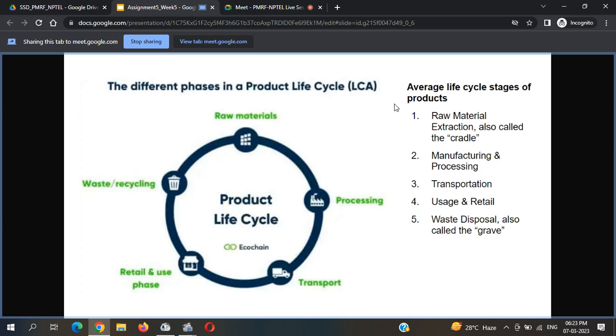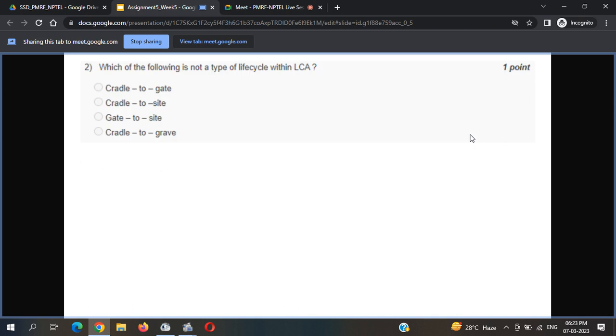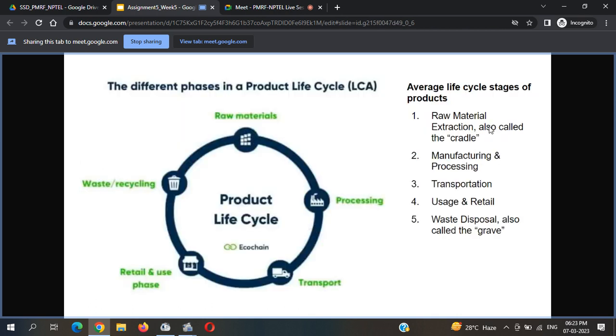So that point of extraction, or the phase of extraction of raw material, that is called the cradle. So here in the options wherever it's mentioned cradle, this is what is meant by the cradle. So raw material extraction in the phase of product life cycle is known as the cradle.